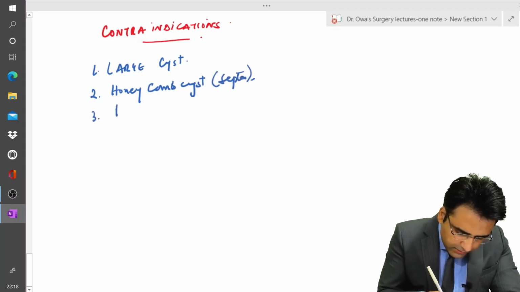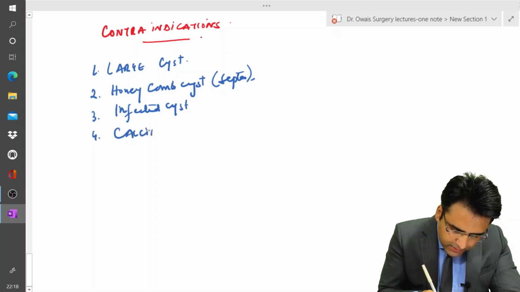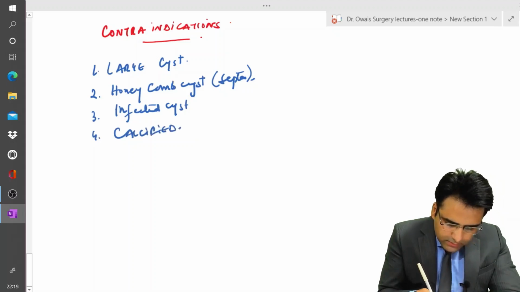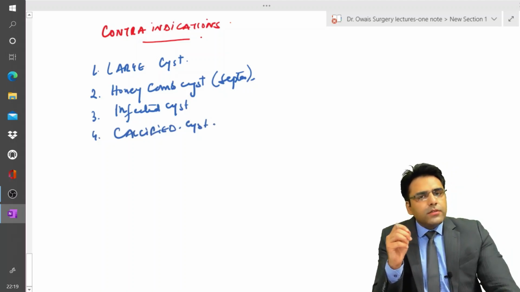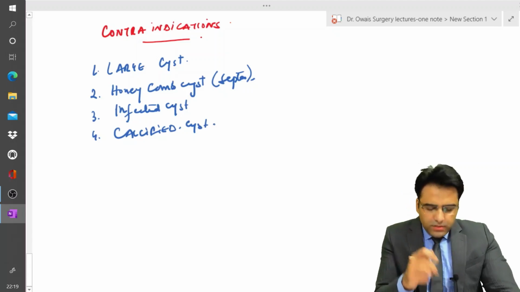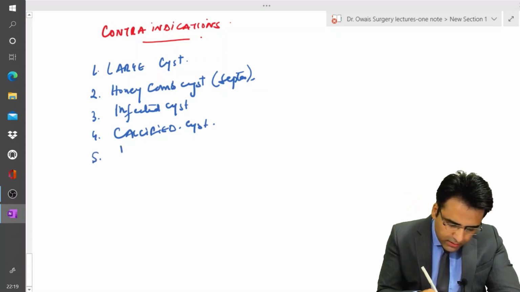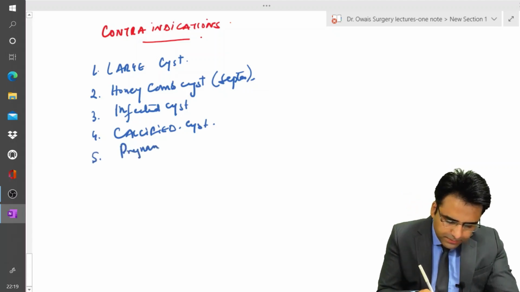Then we have infected cyst, then calcified cyst. And please remember, in cases of pregnancy, the medical treatment is contraindicated.